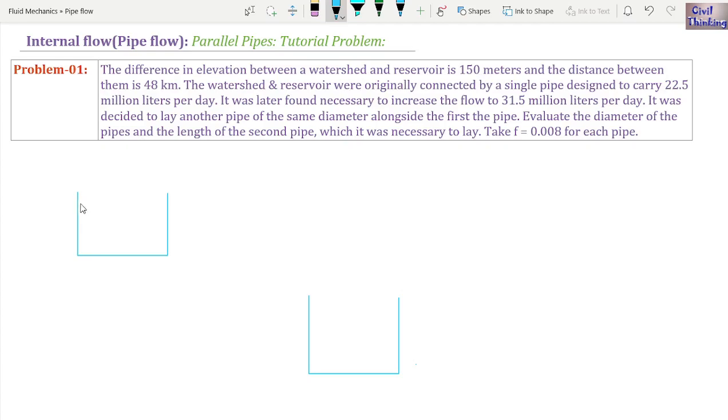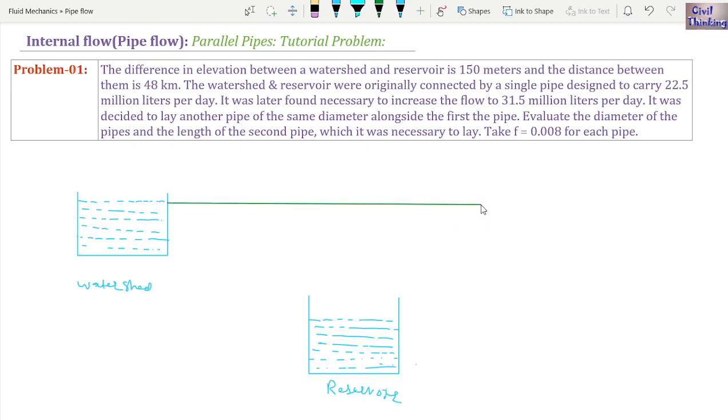Now let us say the water level in this is up to this level. Suppose this is a watershed and this is a reservoir. Now let's say the water level in the reservoir is up to this level. This is the water level in the watershed, and this is the water level in the reservoir.